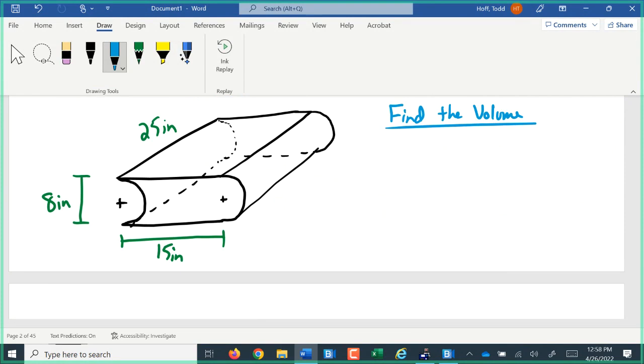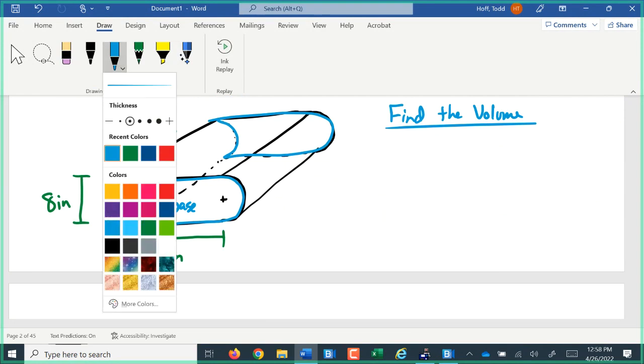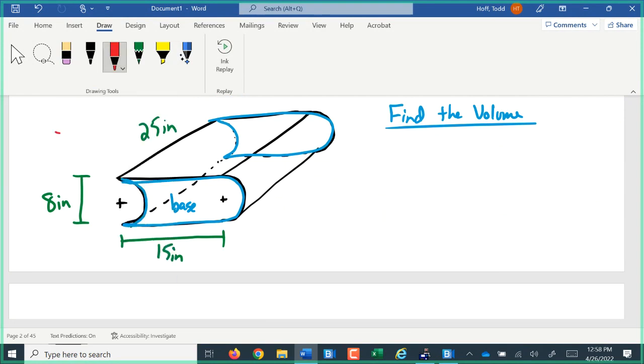What is the base of this? The base is not a length, it's always a shape. That shape right there, because there's a shape over here that's identical to it on the other end. So that has to be the base. The area of the base is actually way simpler than you might think. Remember we talked about cutting things up?